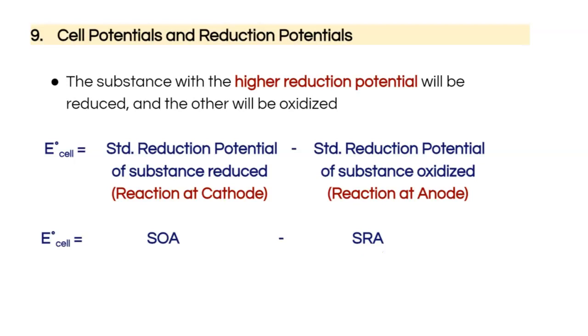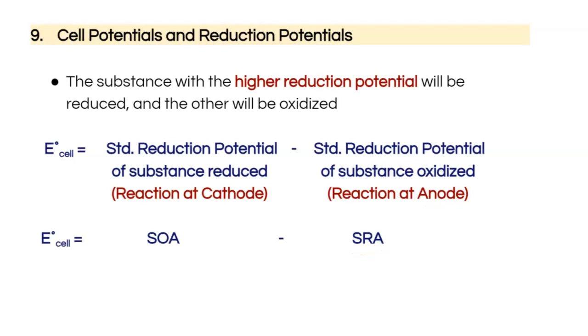The way that we calculate our standard cell potential, not just the reduction potential of a certain species but this overall cell potential, is we take the standard reduction potential of the substance that is being reduced, in other words, the SOA, that reaction at the cathode, minus, we subtract from it the standard reduction potential of the substance being oxidized at the anode, in other words, our SRA.